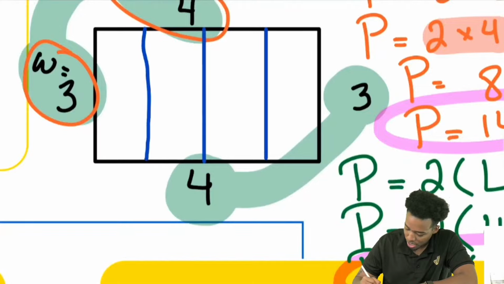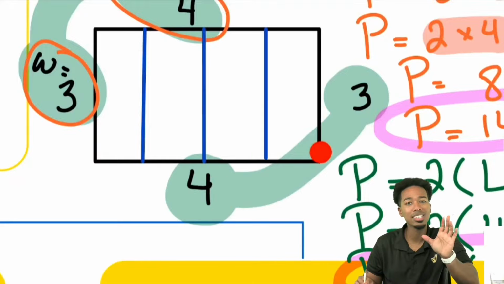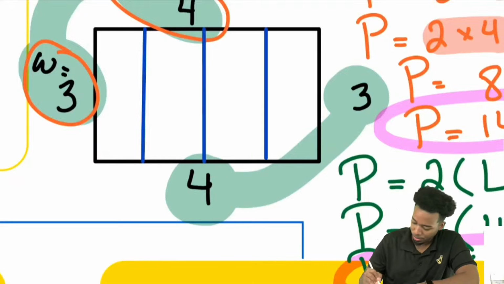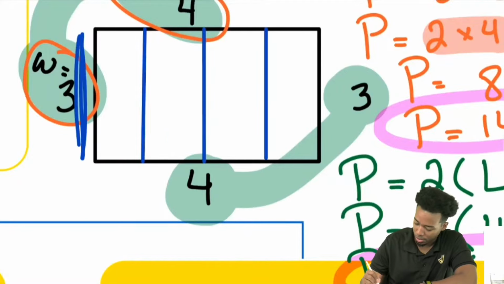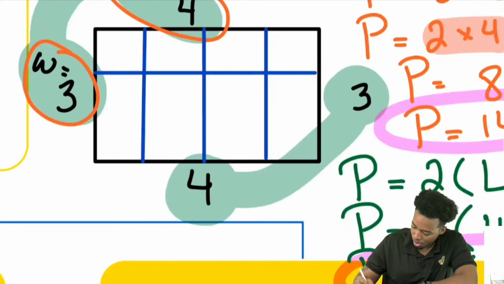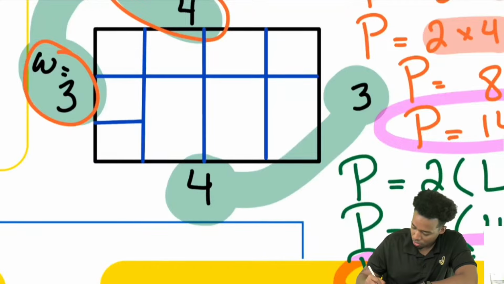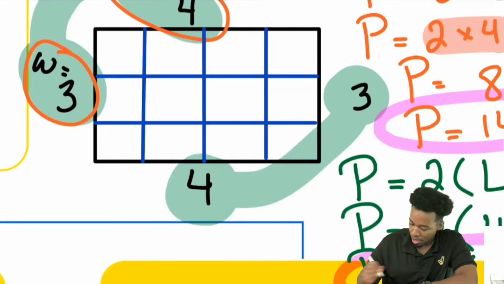So all I'm doing here, everybody, is this. Look, if this is a length of 4 right there, 1, 2, 3, 4. Nice and easy. And then I'm going to mark off 3 over here. 1, 2, and 3 right there. All right, cool.